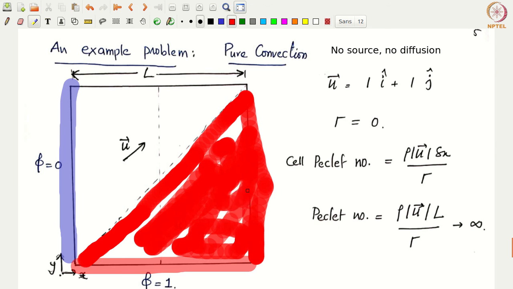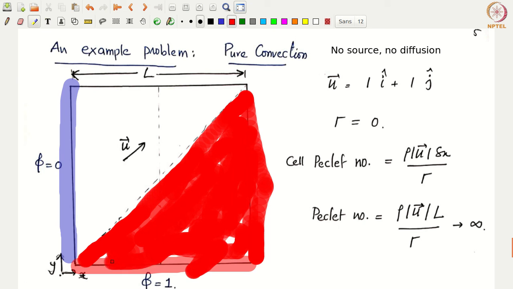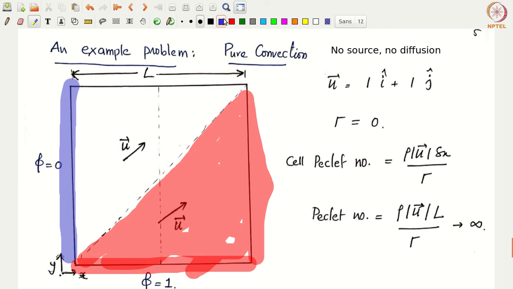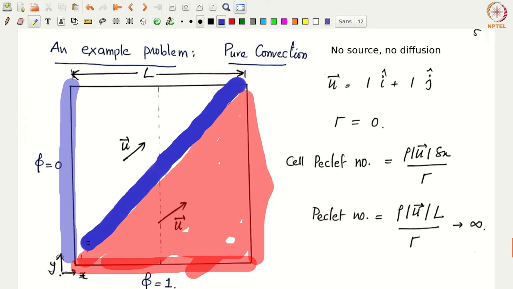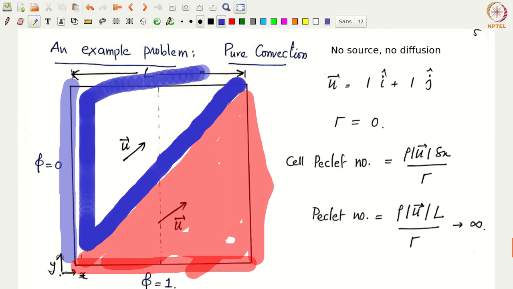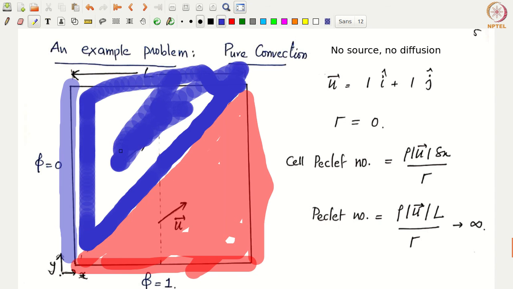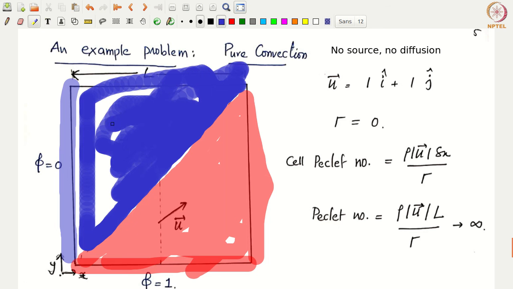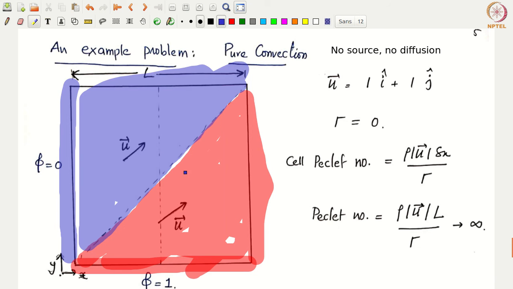Whatever is on the top would be phi equals 0, right? So this entire thing would be filled with phi equals 0, but then there is no diffusion. That's why you will see an abrupt jump along the diagonal. You would see an abrupt jump between phi equals 1 and phi equals 0, right? There is an abrupt jump.